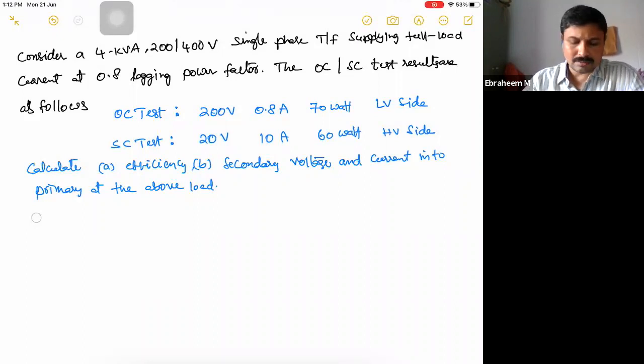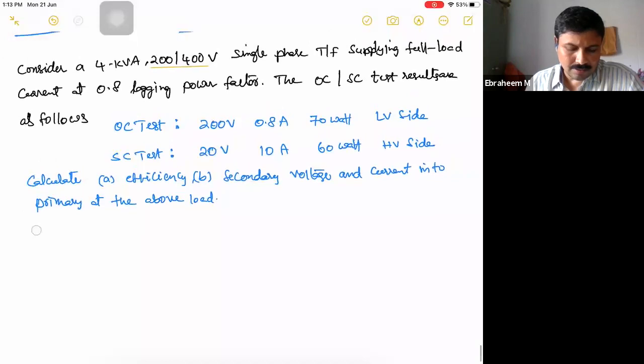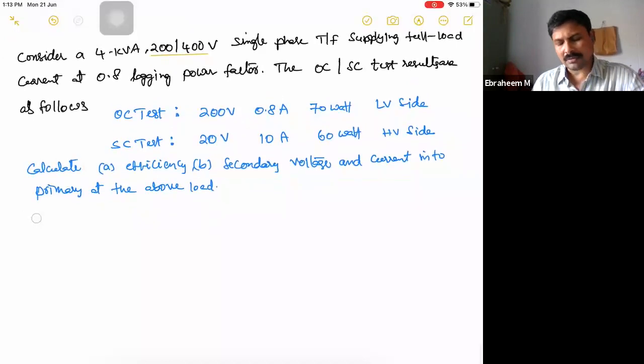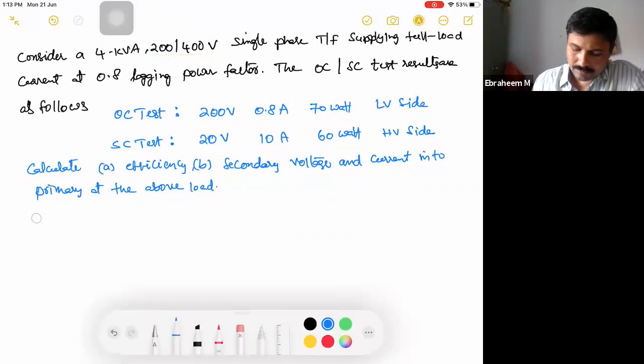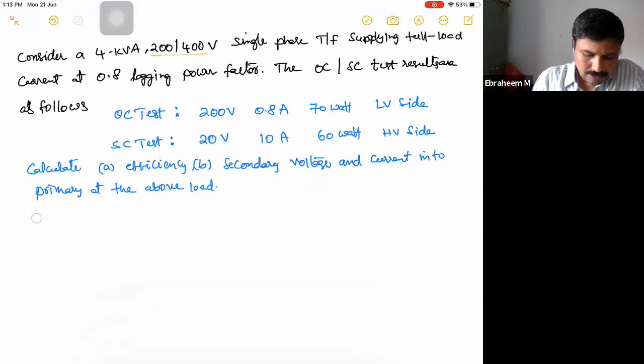Right? So I hope that you have already noted down. You are noting down this problem parallelly. Now we'll go into the solution.